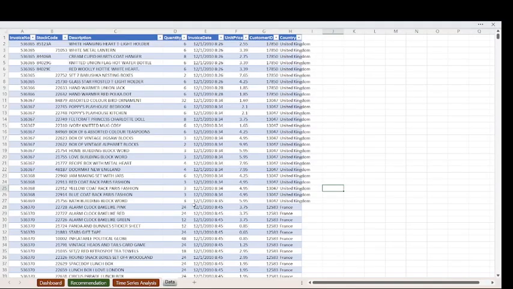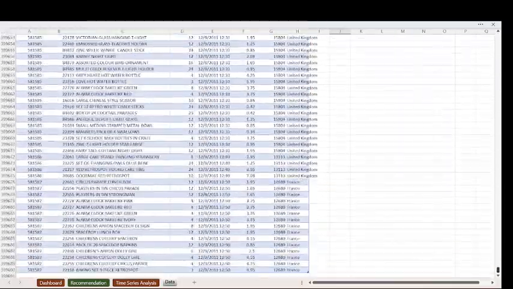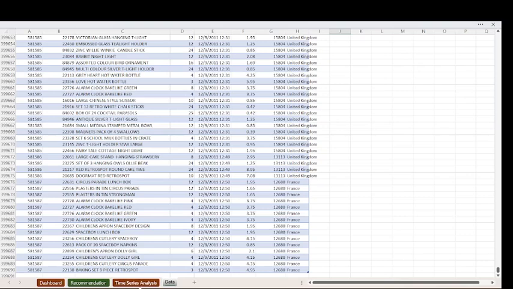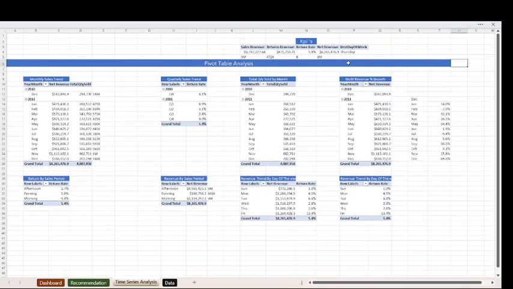This is the data set that was given. After much data cleaning, I was able to have this analysis. These are my KPI cards, and these are my pivot tables with insights that were gotten from them.